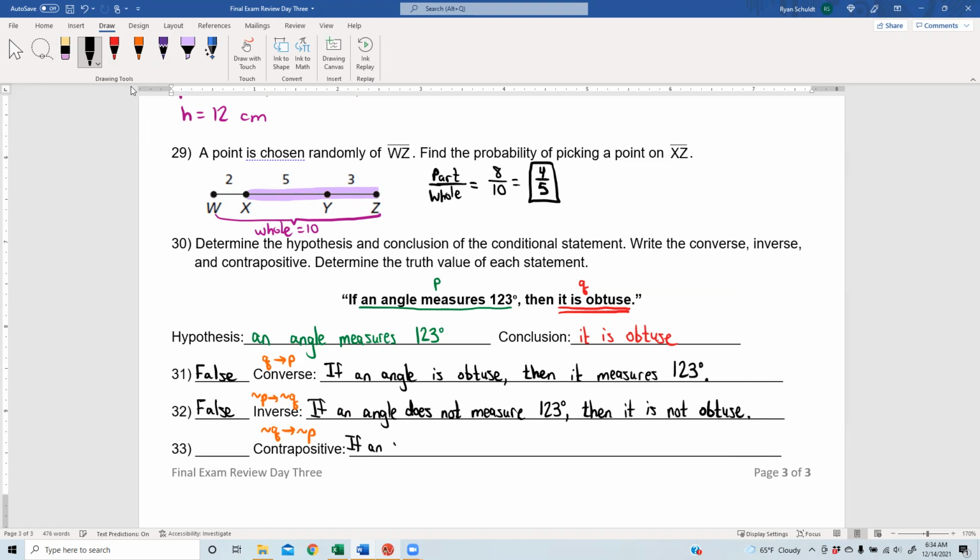If an angle is not obtuse, then it does not measure 123 degrees.